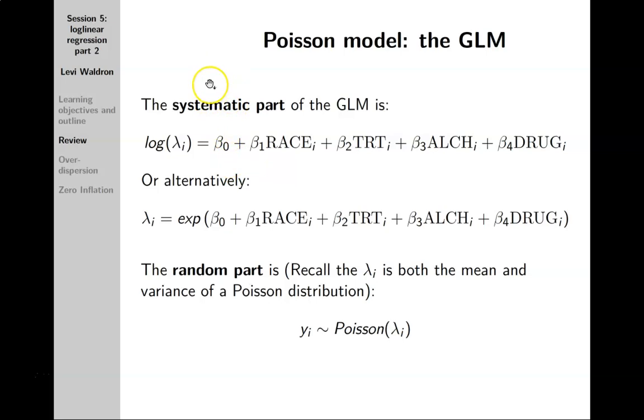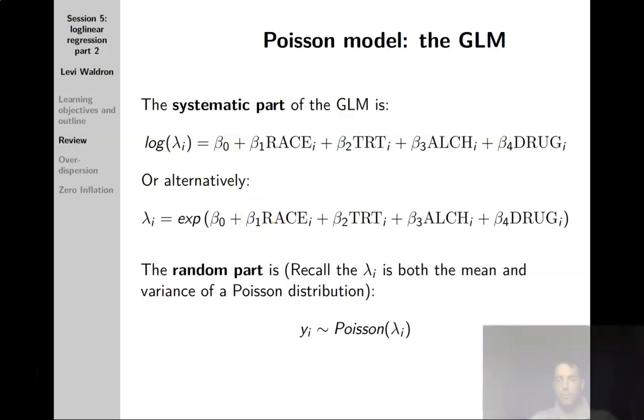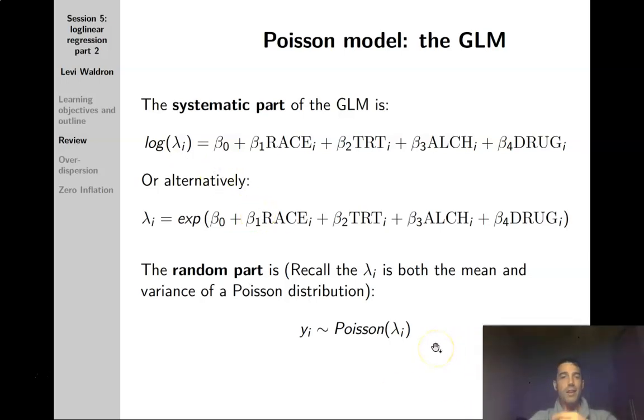So using the Poisson distribution in a generalized linear model looks like this. Here this is the expected value of y. Remember that for the Poisson distribution, that expected value of y is the mean.